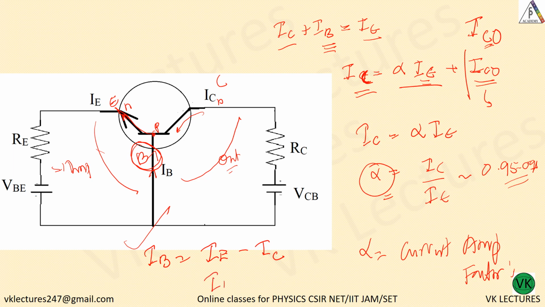So IE minus alpha times IE, that is equal to IE into 1 minus alpha. So you see this will be only 2 or 3% of the total current. 1 or 2% of the total current is nothing but IB.